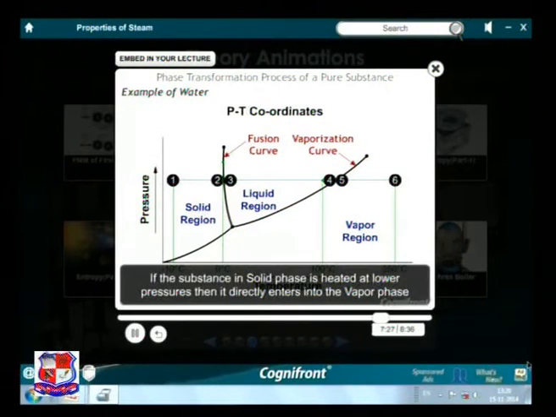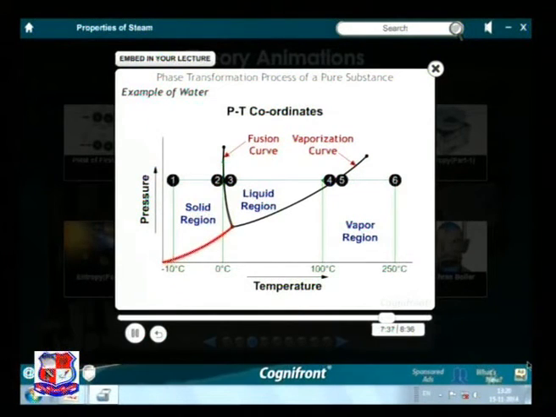We know that if the substance in solid phase is heated at lower pressures, then it directly enters into the vapor phase. The curve between solid and vapor phase is known as the sublimation curve. Observe the point at which all the phases meet each other.